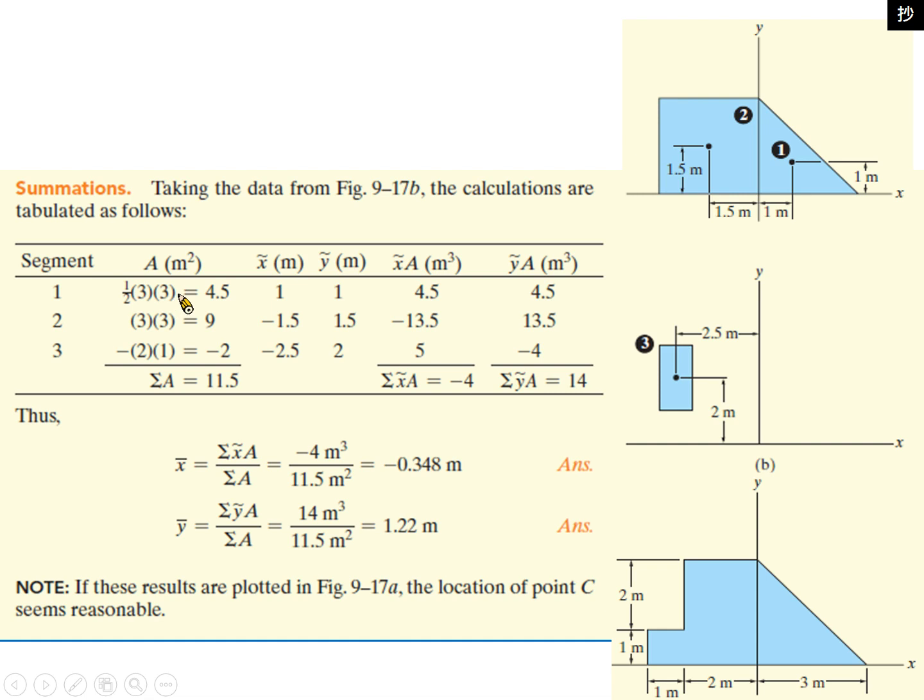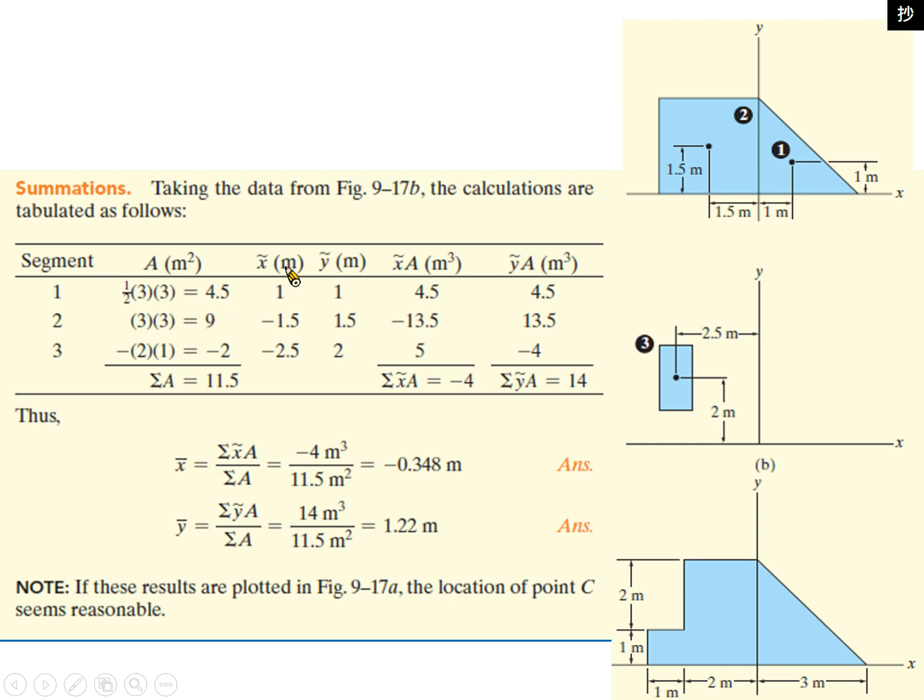So area 1 is a right triangle, so we know the side is 3. The area calculation is 3 squared divided by 2 because it is a triangle. And then for area 2, the side is 3, so the area is 3 times 3, which is 9.